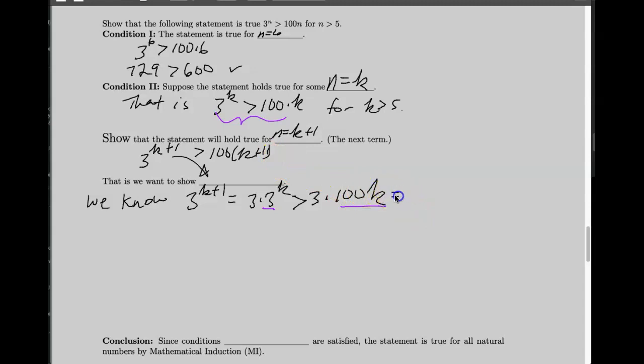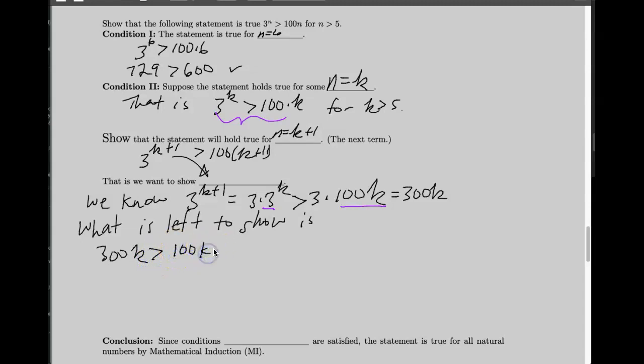So what we need to show is that 3 times 100k, which is 300k, is greater than 100k plus 100. What is left to show is whether 300k is greater than 100k plus 100.